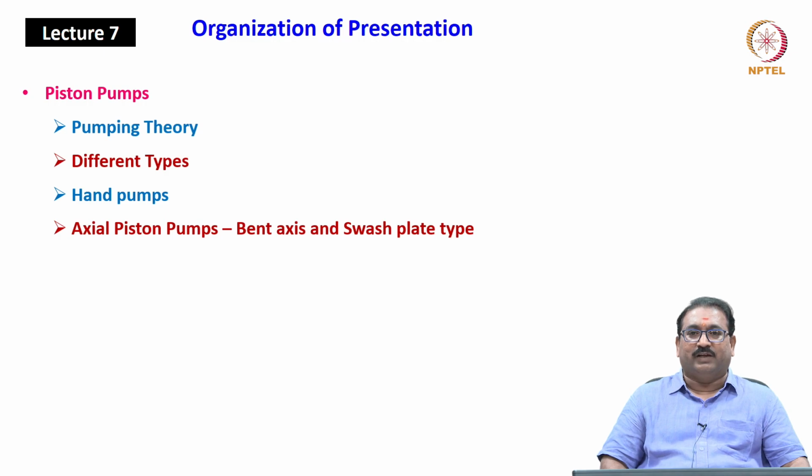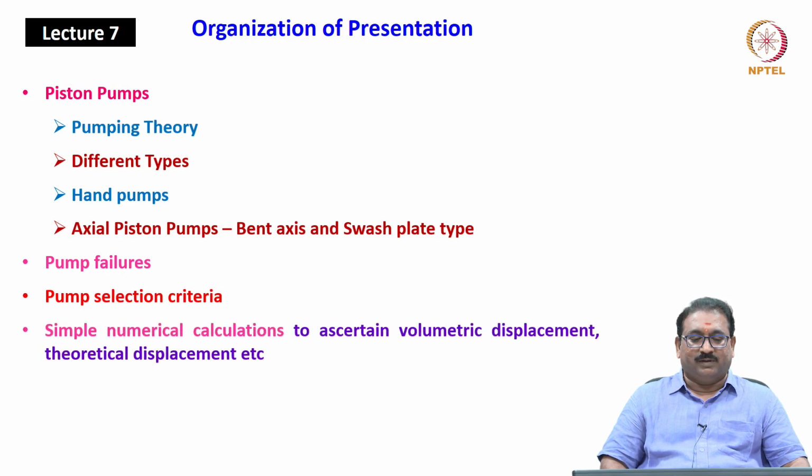Here we will discuss the different categories, bent axis and swash plate type, and radial piston pumps. We will also study today pump failures, pump selection criteria, simple numerical calculation to ascertain the volumetric displacement, theoretical displacement, etc. Finally, we will end with concluding remarks of lecture 7.